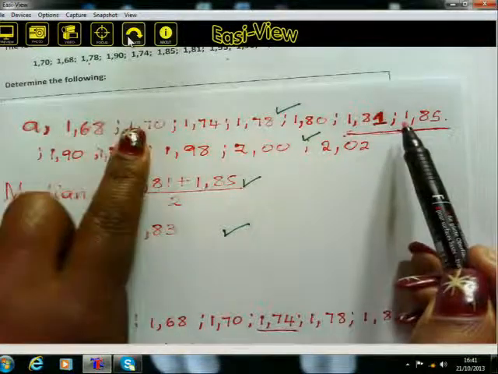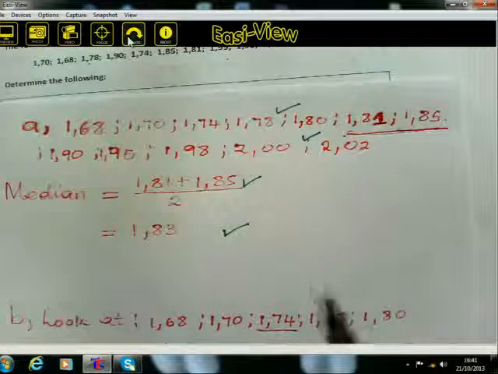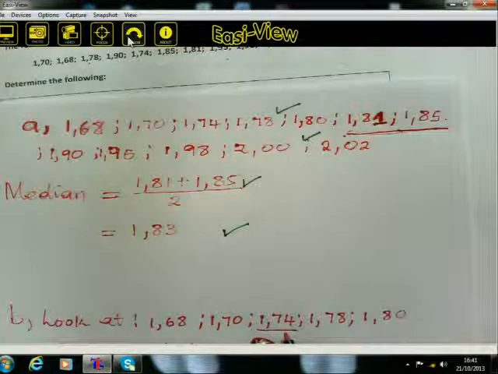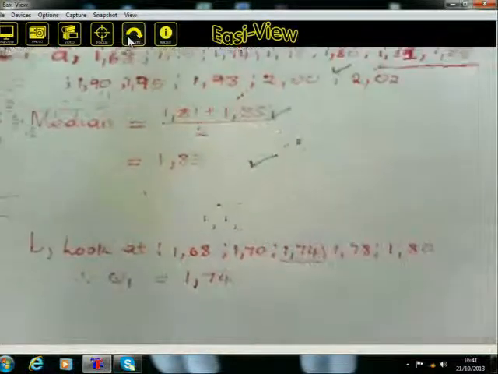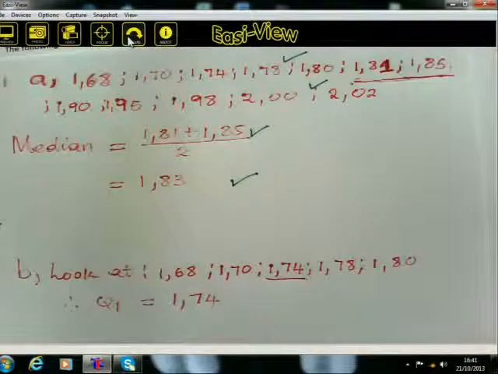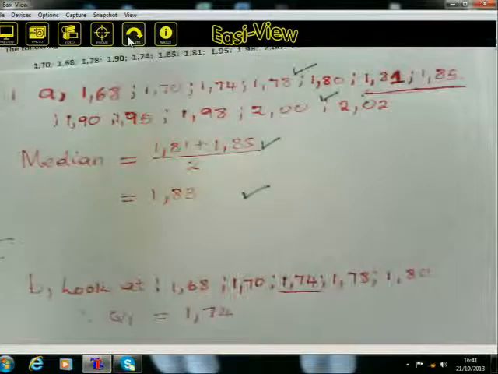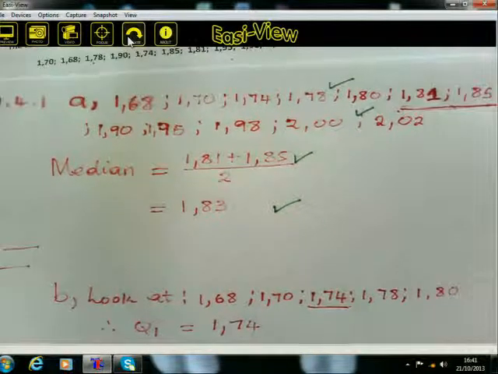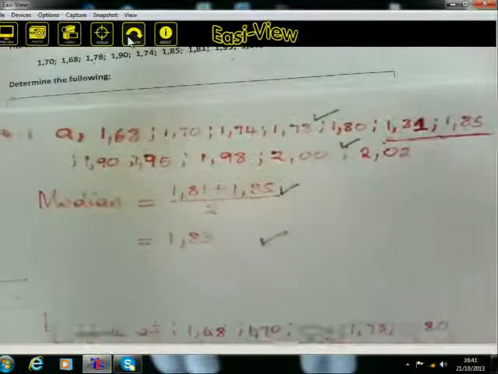That is what we have done here. Thereafter, you check the middle number, which will be your quartile. That is why we have found the quartile 1 being 1,74. I believe you have understood that, and also you got it right after you have done it during the break.